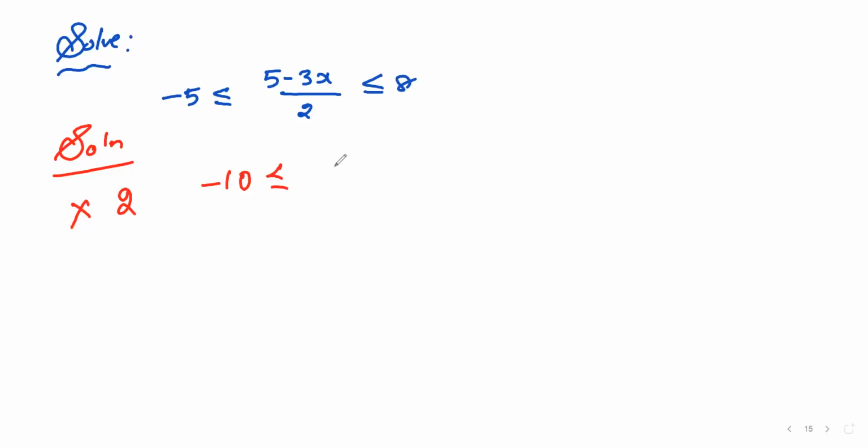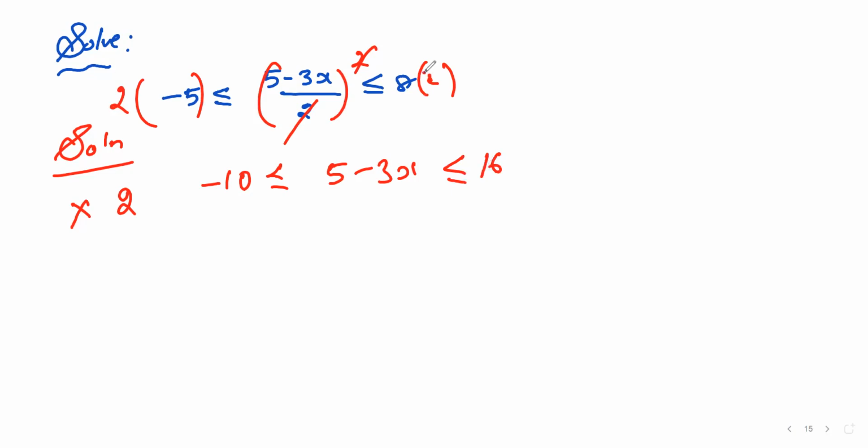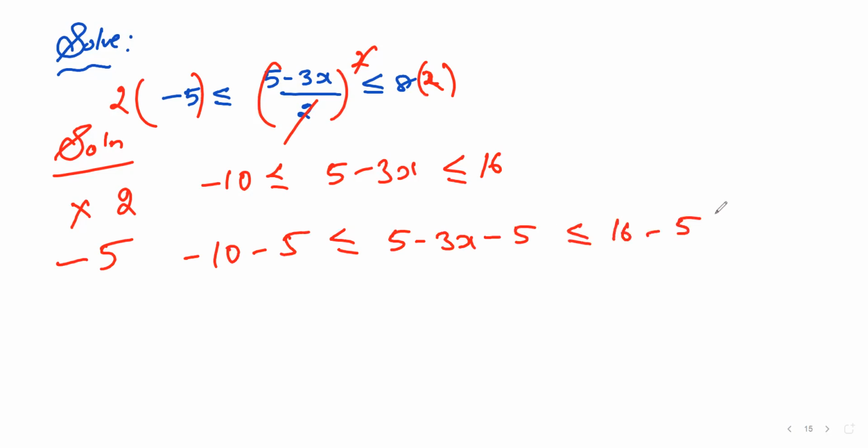So minus 10, 5 minus 3x, the 2 is cancelled, and this side is 16. Now subtract 5 from all sides: minus 10 minus 5, 5 minus 5 cancelled, 16 minus 5. Then what will you get? Just minus 3x.